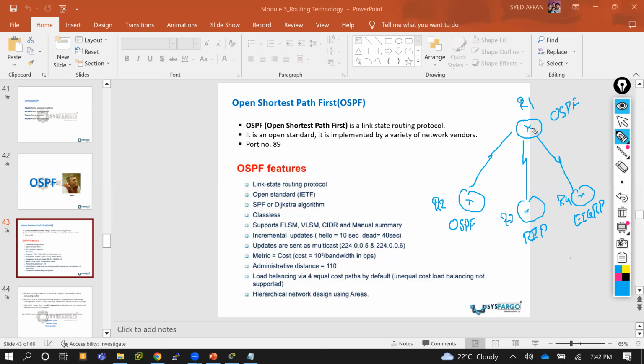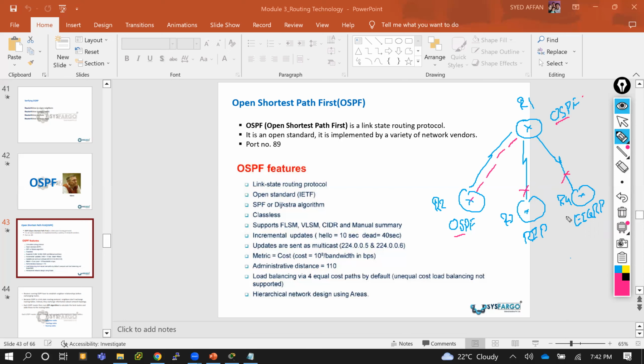Now router 1 forms the neighbor relationship only with router 2, because on router 1 we have the OSPF protocol, and on router 2 we also have the OSPF protocol. But it will not form a neighbor relationship with router 3 and router 4, because on the other end we have a different protocol.